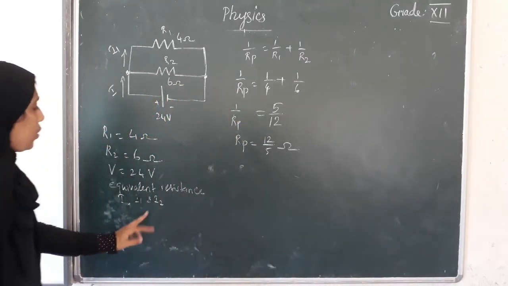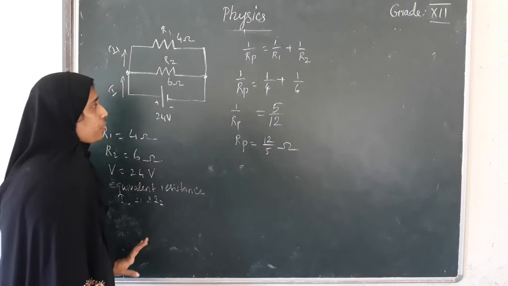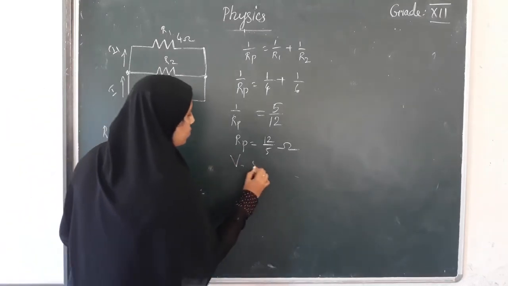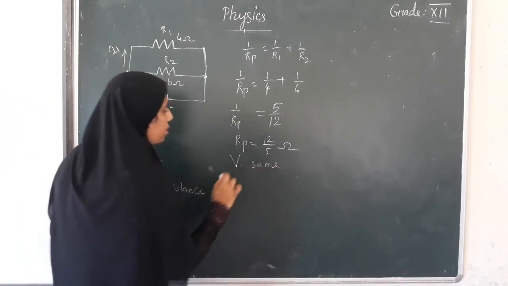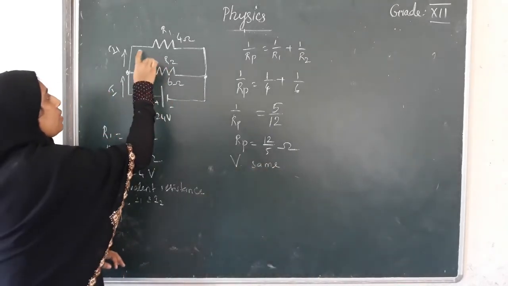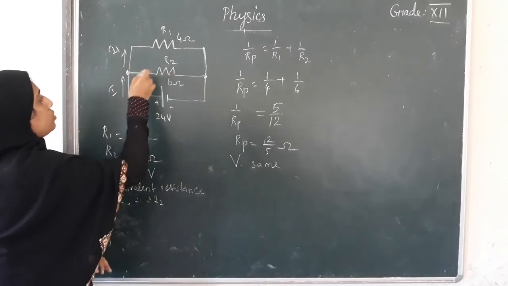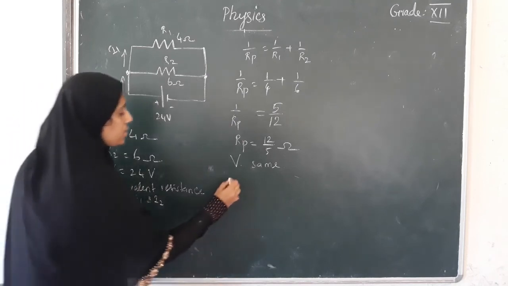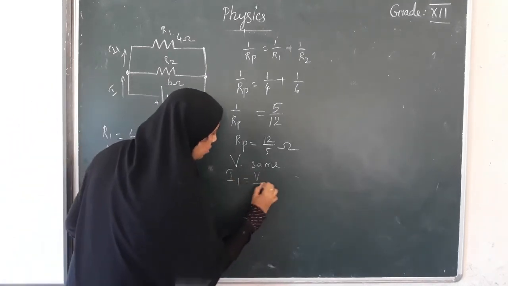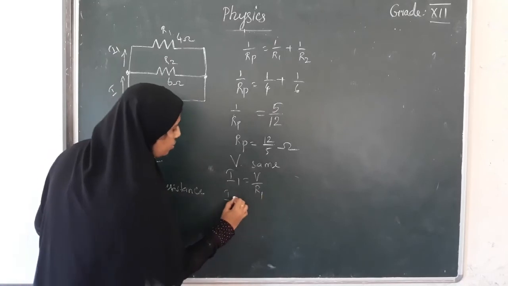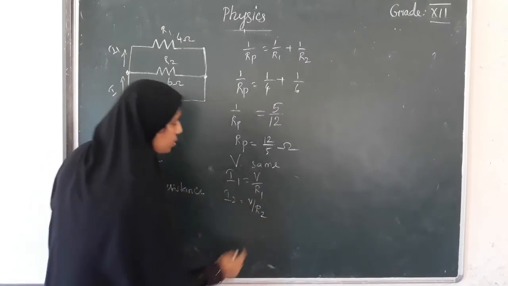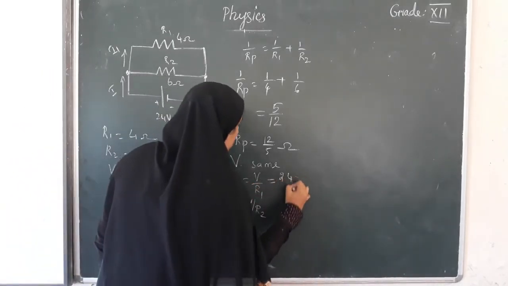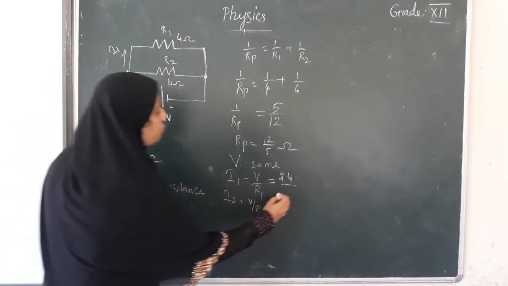Now I1 and I2 we are going to calculate. Since the connections are parallel, the voltage remains the same. So we have to calculate the values of I1 and I2, and also I. I1 is equal to V by R1, I2 is equal to V by R2. So V by R1 means 24 divided by 4.